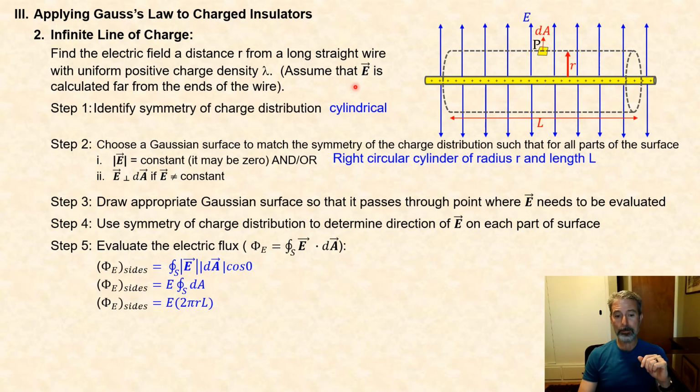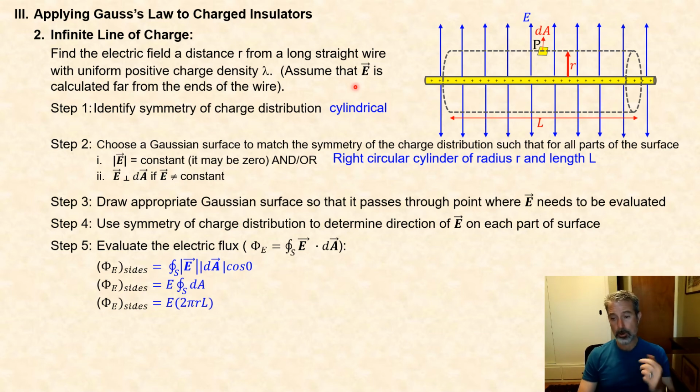Think of that cylinder as having a circular cross section with circumference 2 pi r, and multiplying it by the dimension L gives it that extra dimension. So 2 pi r times L is the surface area of the sides of the cylinder, not the ends, but the sides.